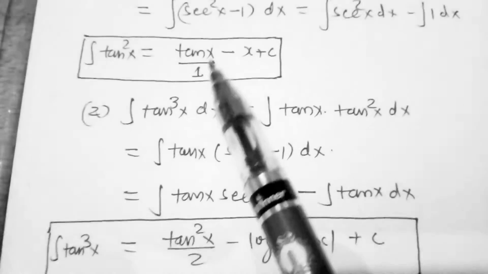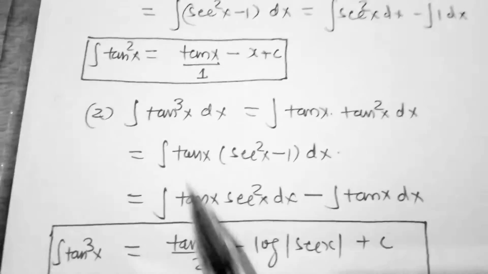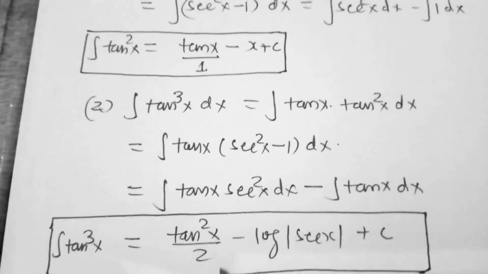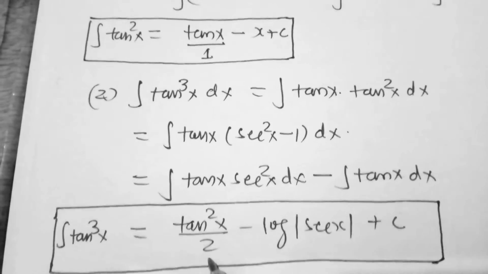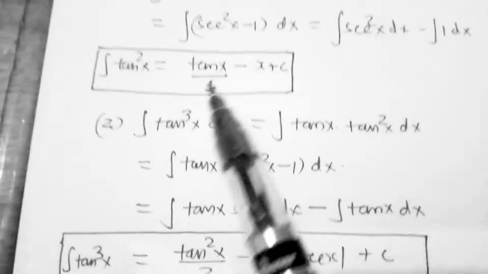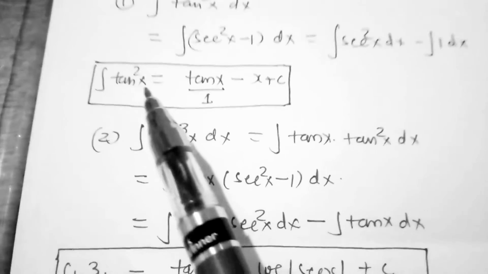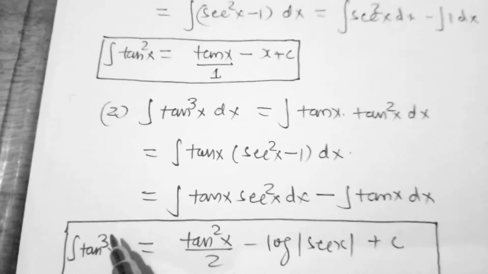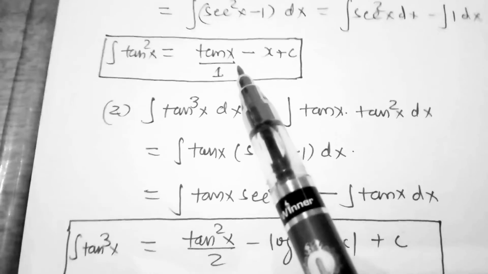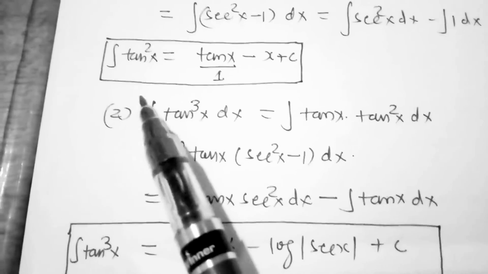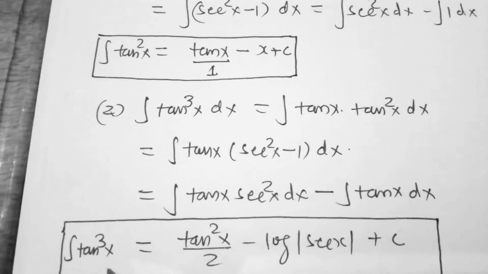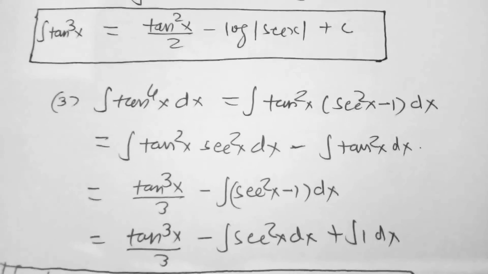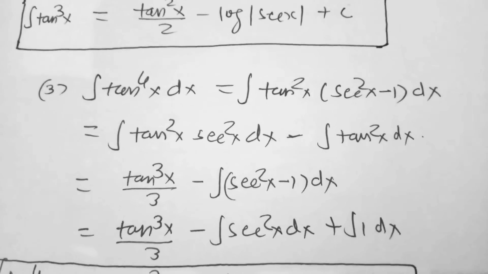Because of that we have divided by 2 over here, whatever be the power over here, that is divided, right? Got the point? So one thing is clear: whenever it is tan square x or tan cube x or tan 4x, the very first term in the answer will be 1 power less than the power that is in the question, right? Correct. Now come to the third one, integration of tan to the power 4x dx.